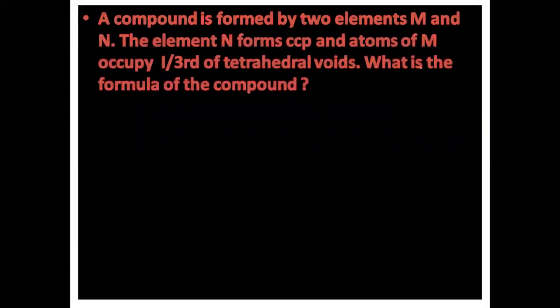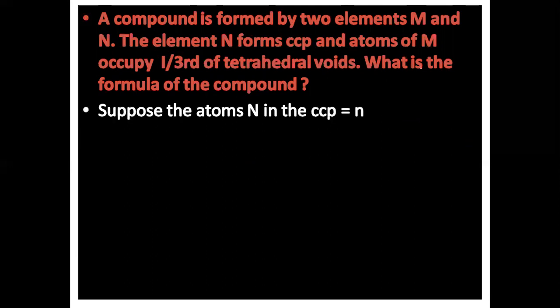A compound is formed by two elements M and N. The element N forms cubic close packing, and atoms of M occupy 1/3 of the tetrahedral voids. What is the formula of the compound? Suppose the number of atoms of N in CCP is equal to n. Therefore, the number of tetrahedral voids is equal to 2n.